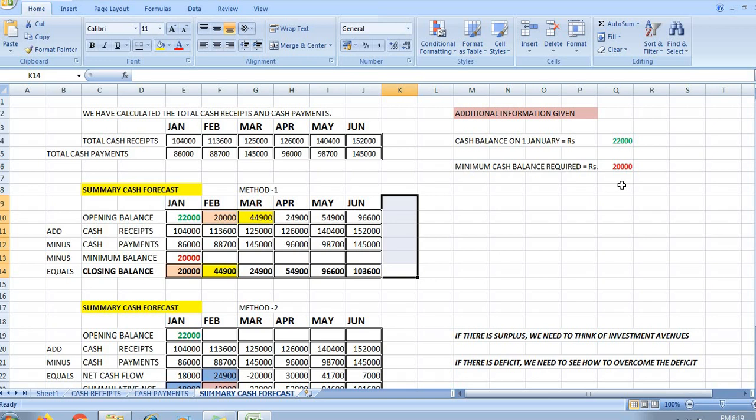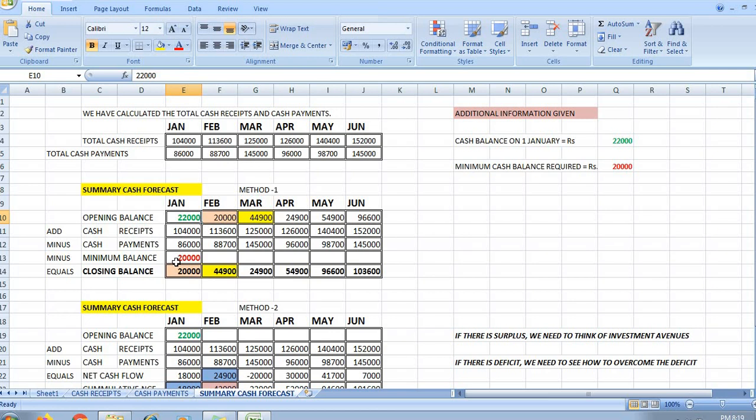Okay. Now you can prepare your summary table in two ways. The first method is very simple. You start with your opening balance, which is given to you, 22,000 in January. You add the cash receipts of that month, subtract the cash payments, and also remove that minimum balance which is required.